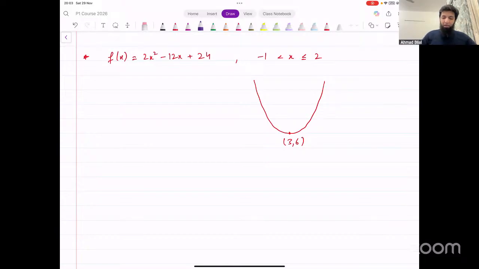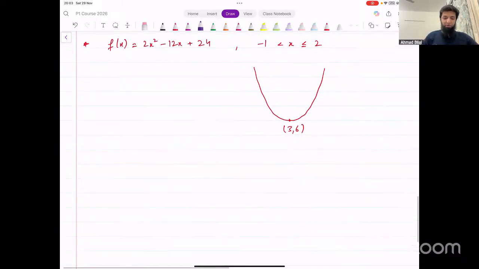Okay. All right. Now let's have a look at one last example of this. We've got the same expression. We've got the turning point, that's 3, 6. And now the domain is from -1 to 2. What about this now?